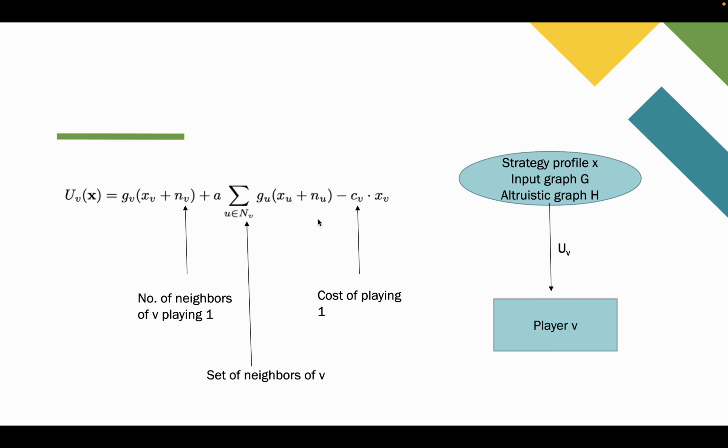Then there is an additive term, where the summation is over the neighbors of V. For all neighbors of V, say U, we consider the corresponding G function here: GU of XU plus NU, where this NU is the number of neighbors of U playing 1, and this is multiplied with some small fraction A. And then there is a cost of participating in the project for the player V. We denote this by CV, the cost of participating in the project.